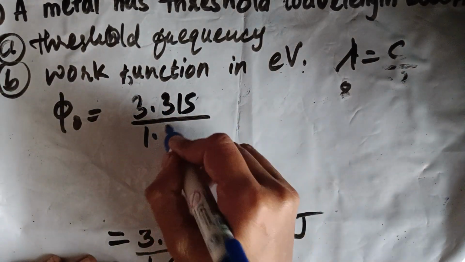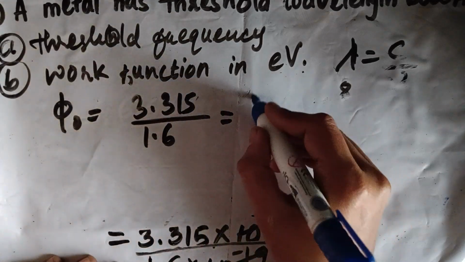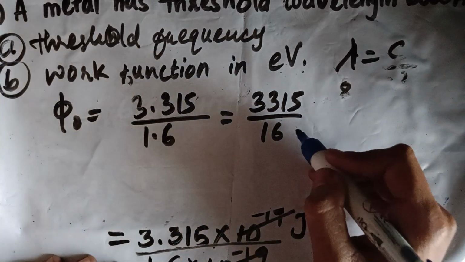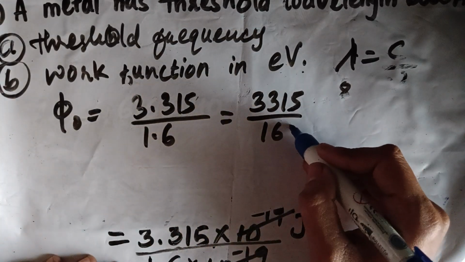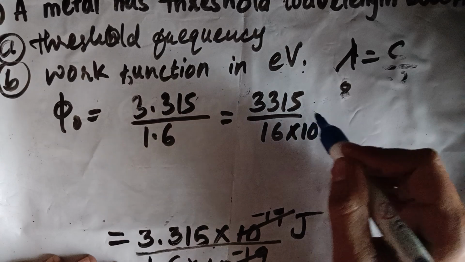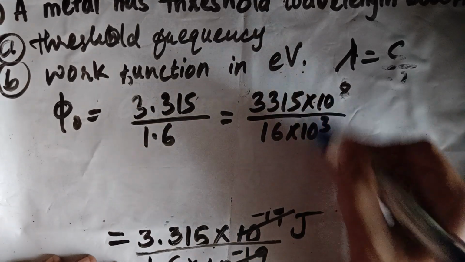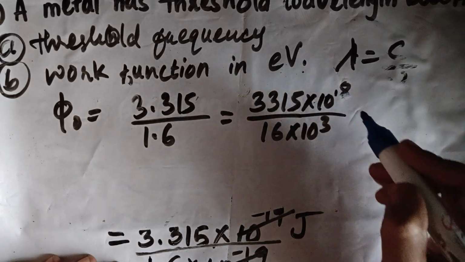I'll remove the points, so I multiply by 10 raised to 3 and this is 10 raised to 1.